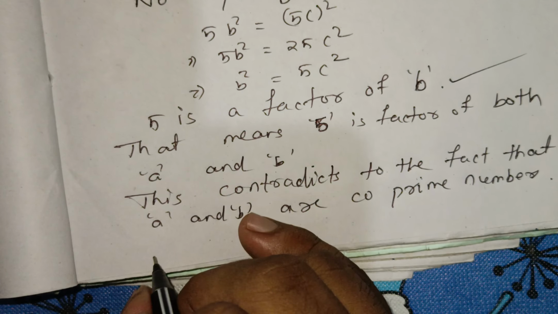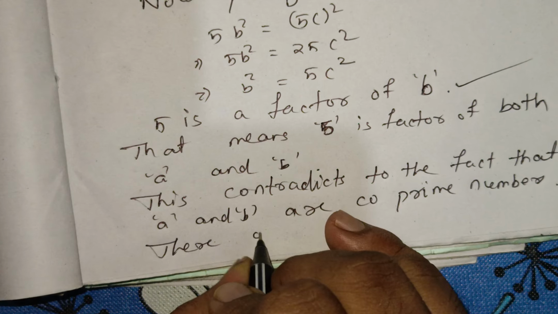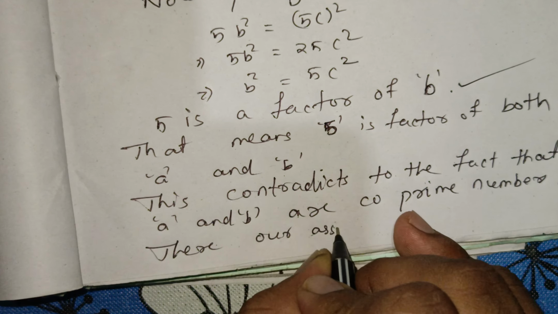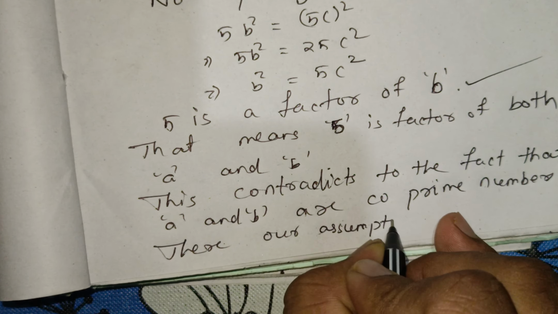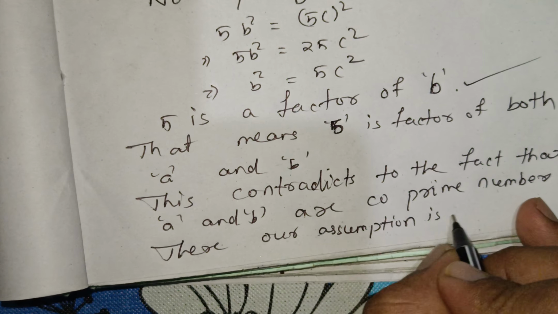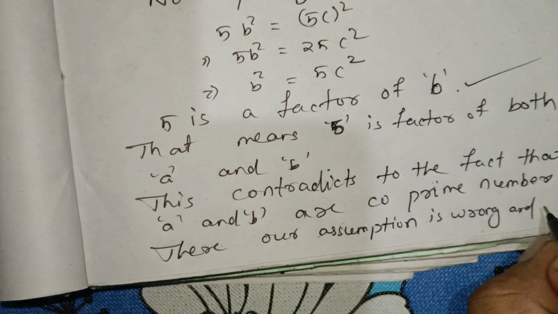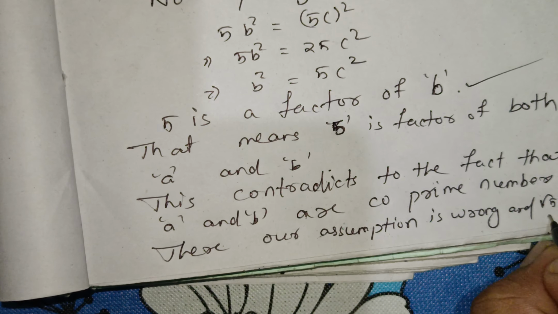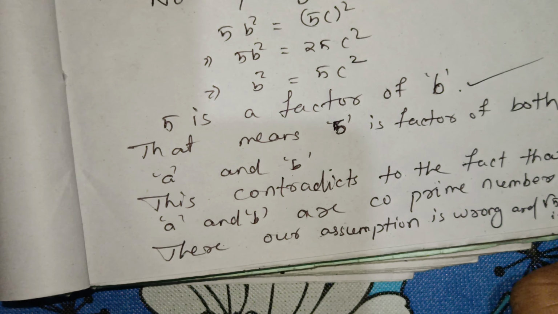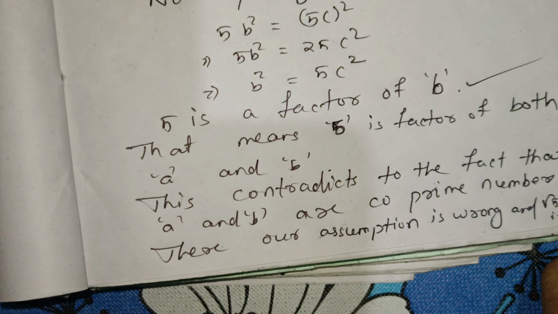So therefore our assumption is wrong and root 5 is an irrational number.